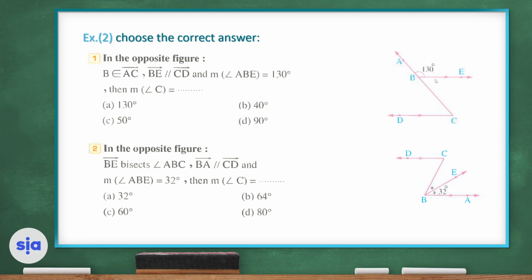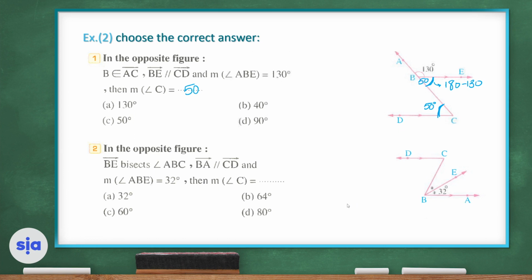As you can see here, this angle and this angle are alternate angles that are equal in measure. So how can I get this angle? It's 180 take away the 130, so this angle is 50 degrees. So angle C is also 50 degrees. So the right answer here is choice C.